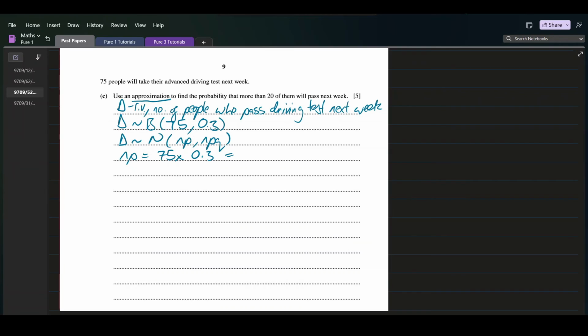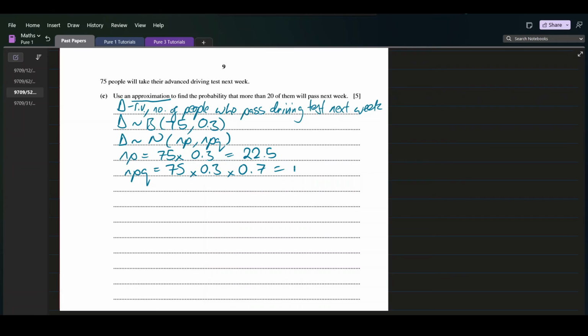So 75 times 0.3 gives us 22.5. And npq is equal to 75 times 0.3 times 0.7, which gives us 15.75.